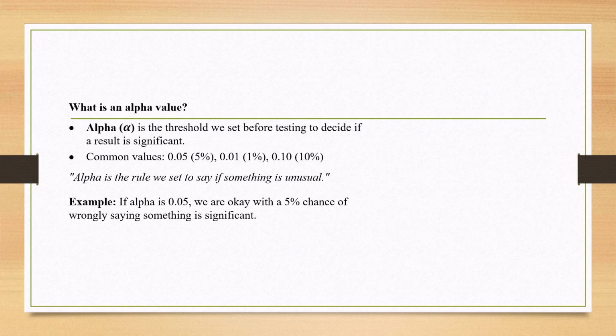To put it simply, alpha is the rule we set to say if something is unusual. So if we set alpha equal to 0.05, we are saying I'm okay with being wrong 5% of the time when I say something is statistically significant.